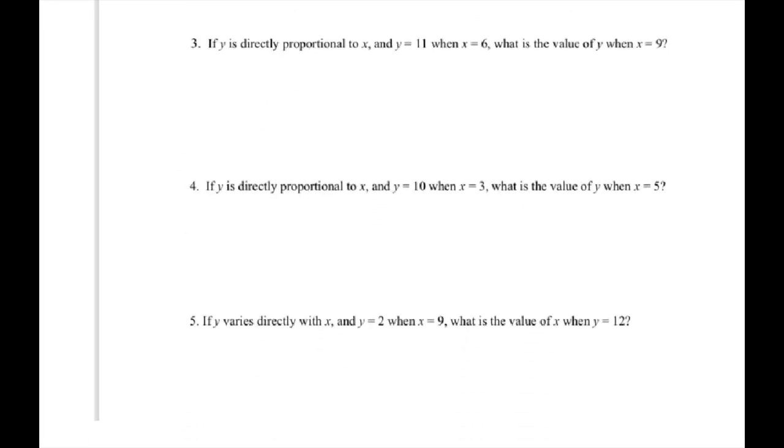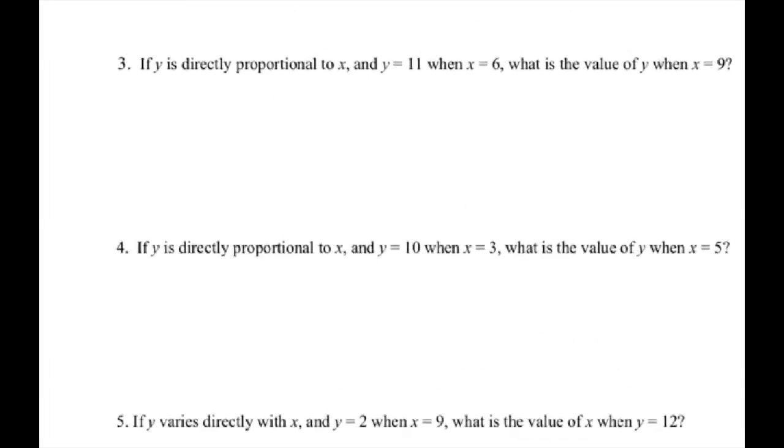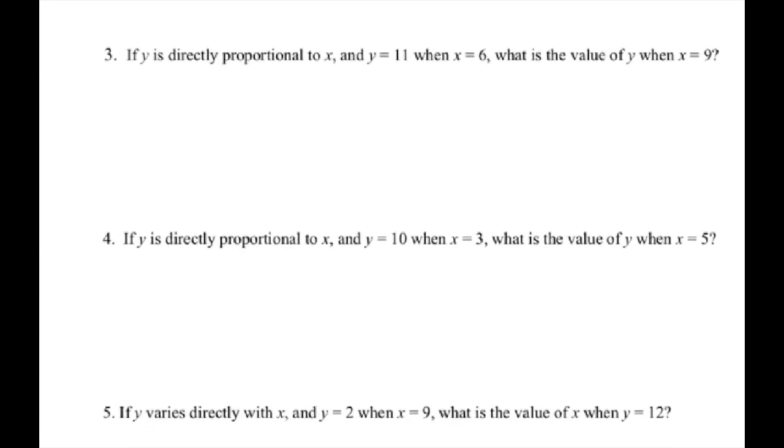Once you're done with number 2, let's look at number 3. So in number 3, it says, if y is directly proportional to x, it will say this every single time. It'll always start with that phrase right there. It says when y is 11, x is 6. What is the value of y when x equals 9?